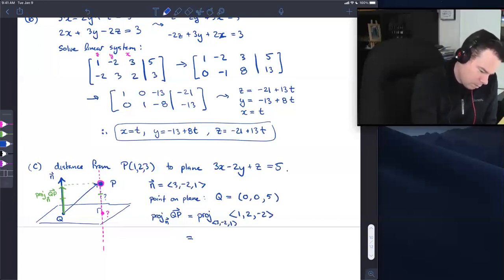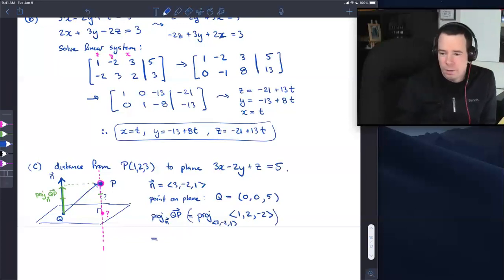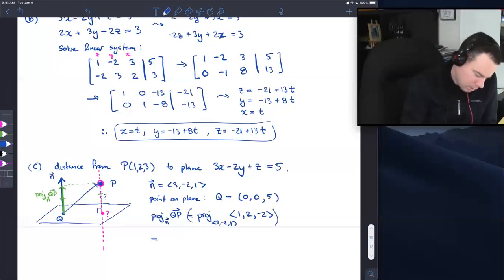I'll just put this in parentheses here, because I'd much rather work with variables for the first little bit to see what things simplify down to, rather than using numbers. So I'm going to write down the formula for the projection.